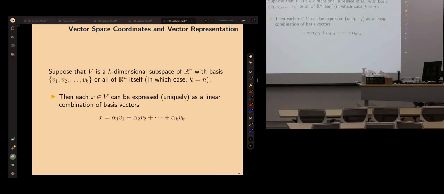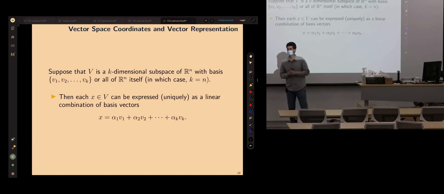The only restriction is that the basis vectors must be linearly independent and their span must be equal to the entire subspace. That's all we care about, right? So e1 to en, or k, whatever the dimension of the subspace, can be v1 to vk.